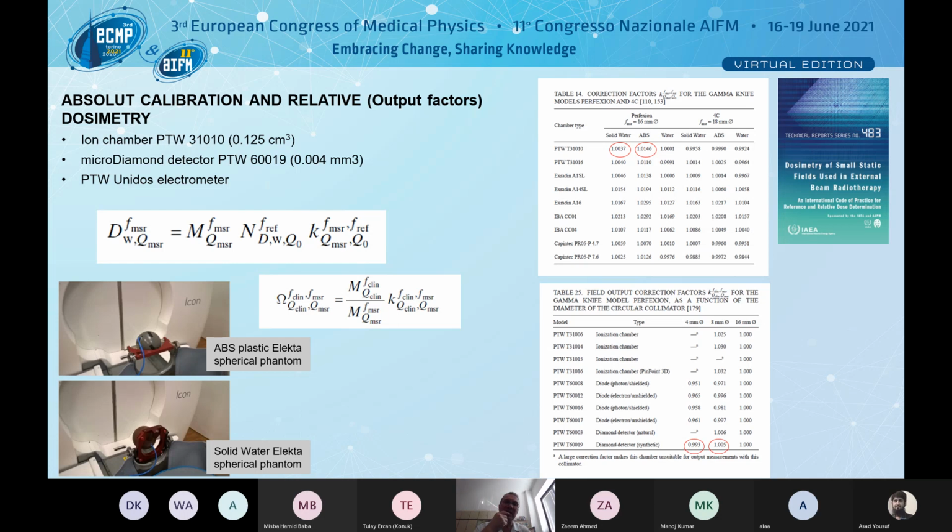I do see the problem of small field dosimetry in a couple of things. One thing is the detector size. We are dealing with extremely small beams, so detector choice is absolutely the most important thing.